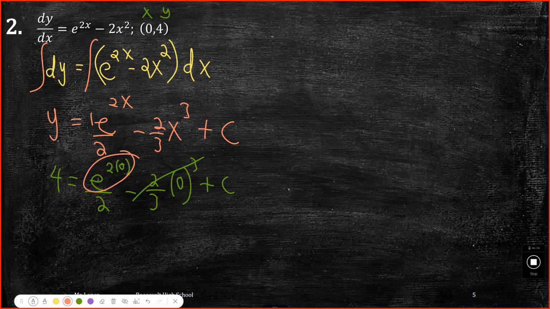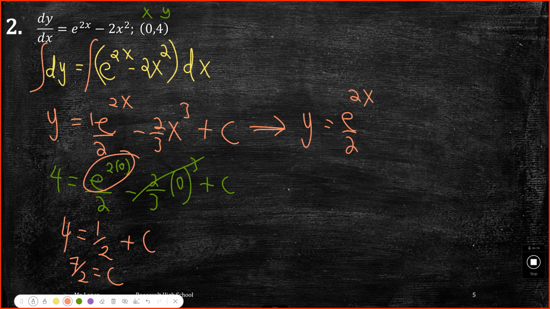That's 1. So 4 equals 1/2 plus c. So c is equal to what? 3.5, which is 7/2, no? So we got that c. You plug it in here. It's going to be y equals e to the 2x over 2 minus 2/3 x cubed plus 7/2.